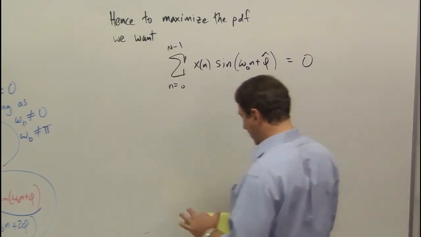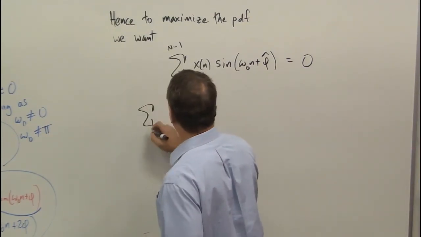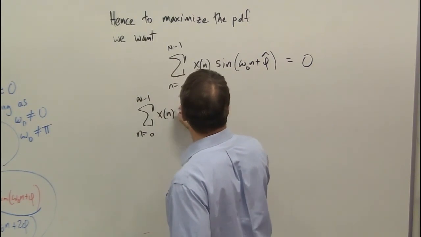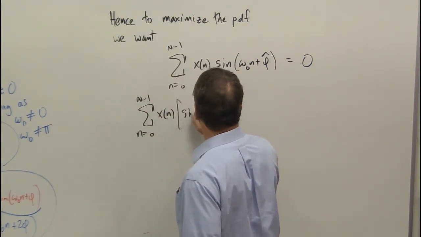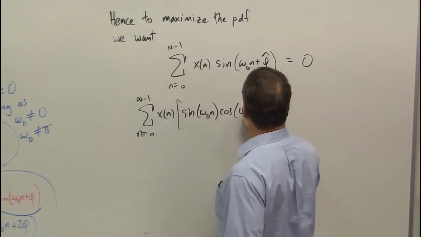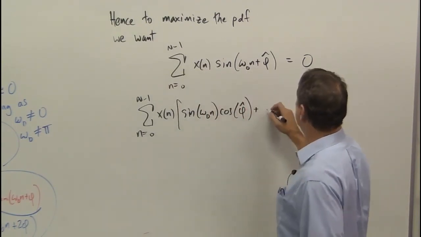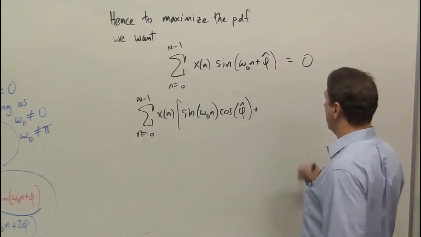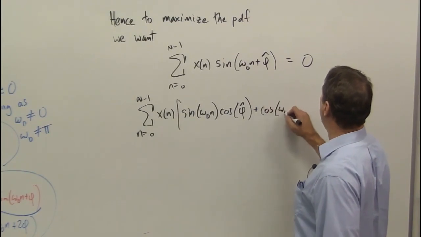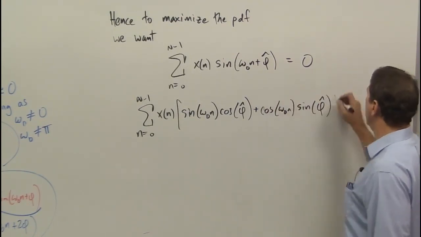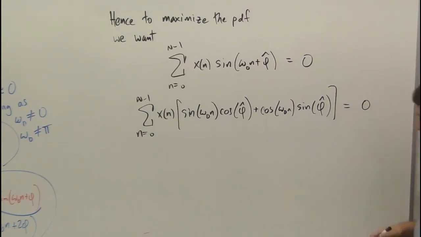So that says that the sum of x of n times the sine of omega 0 n times the cosine of phi hat, plus the cosine of omega 0 n times the sine of phi hat, we want that to be equal to 0.